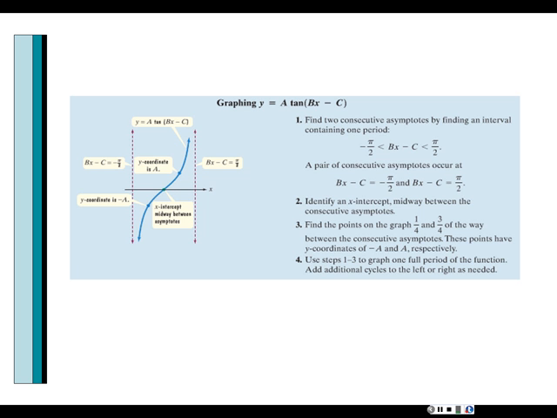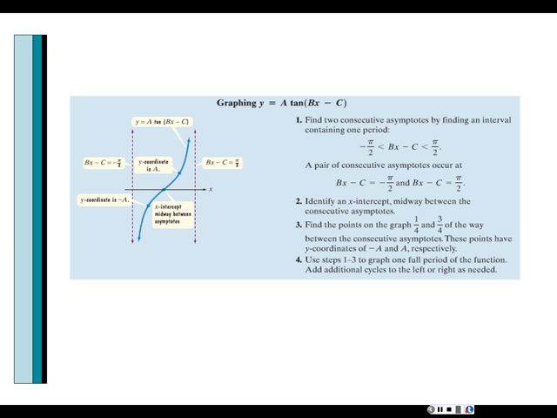For an example, look at this. These are the y coordinates, negative a and a. If you take this as an interval and divide it into four equal quarters, this is your first quarter, this is your second quarter, and this is your third quarter.